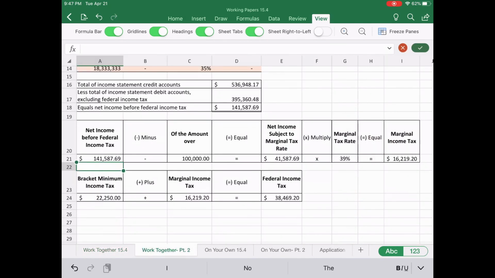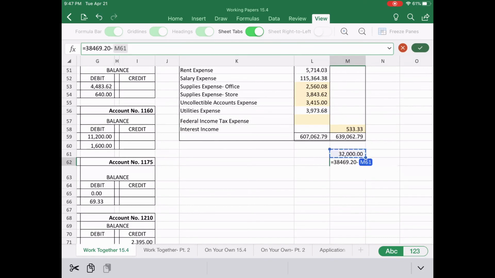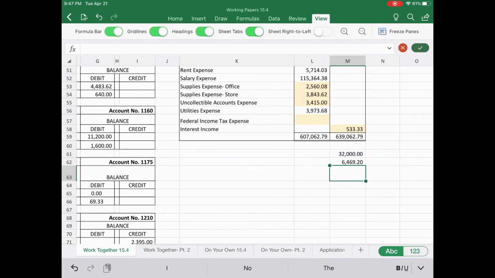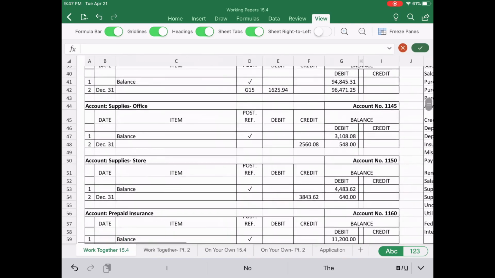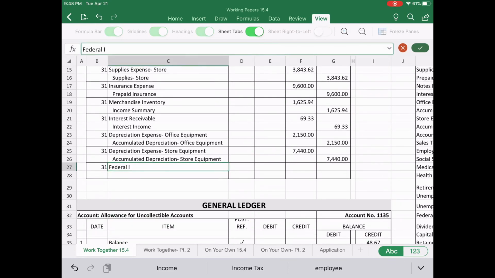Now we've determined that the amount of federal income tax that we owe is actually $38,469.20. So if we figure out the $38,469.20 minus this $32,000 we've already paid, we owe an additional $6,469.20. So that $6,469.20 is the amount that we owe in federal income tax expense and federal income tax payable.